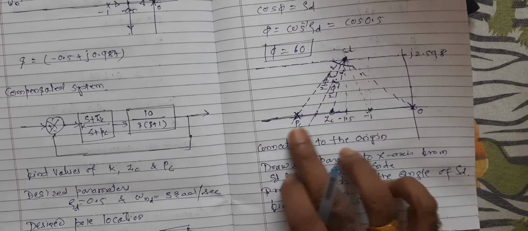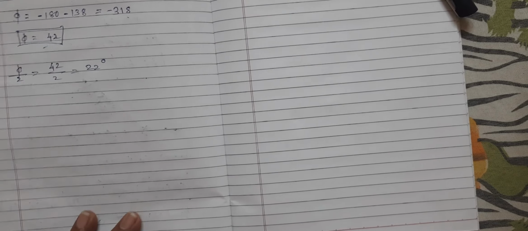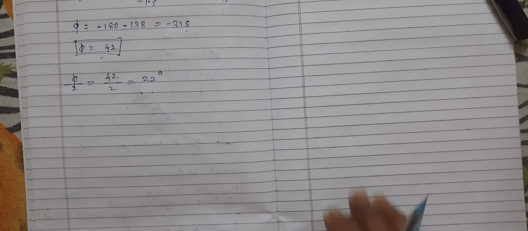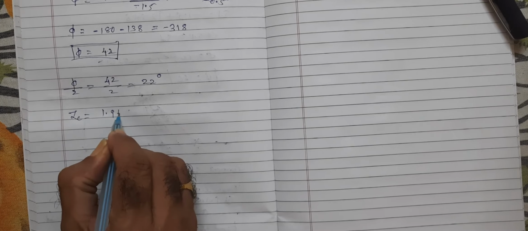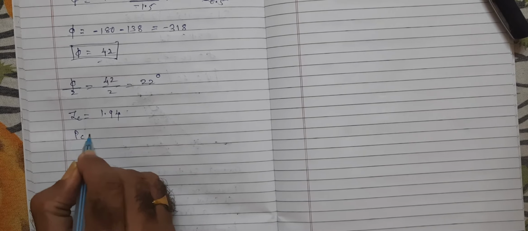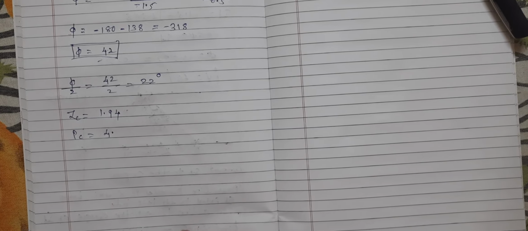Now this point is PC, this point is ZC. By calculating this, ZC comes to 1.94, and PC equals 4. I think it is coming 4.64.